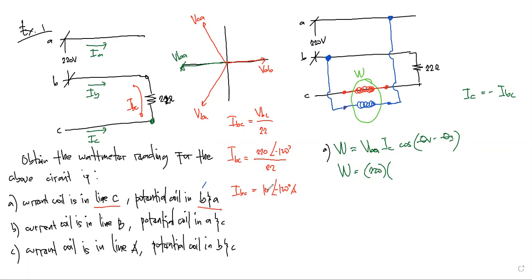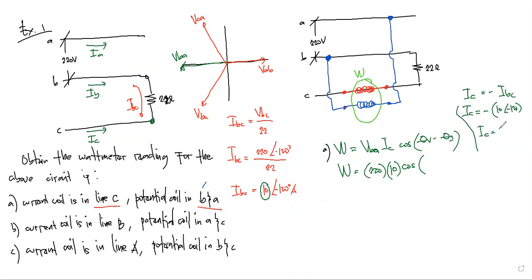So the magnitude of IBC is 10, so that's 10, then cosine of theta V. By the way, where is IC? If we calculate, that's negative of 10 angle negative 120. So we can have IC.